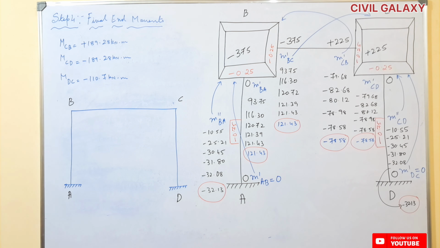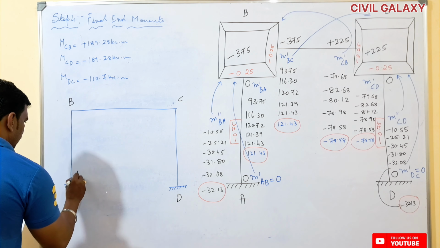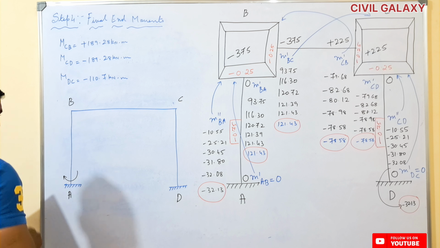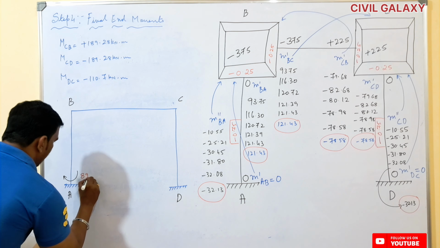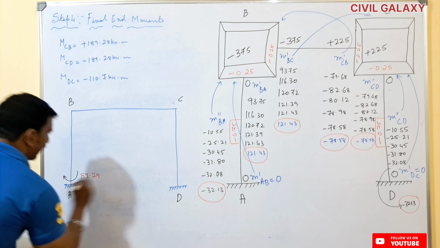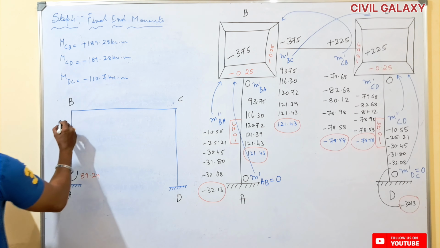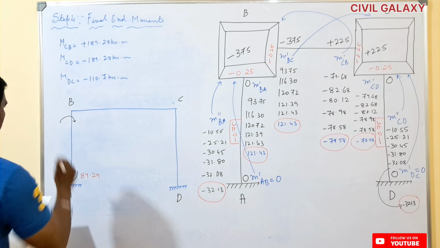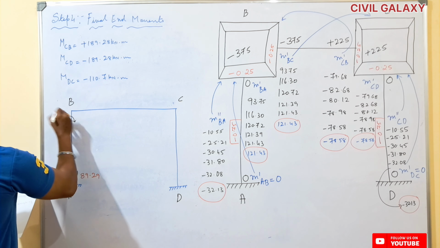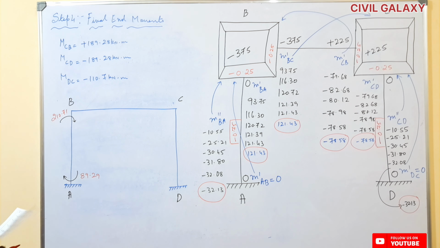So what is the final end moment from point A to B? We have got plus 89.29, that means it is acting in the clockwise direction, so this value over here is 89.29 kilonewton meters. And from B to A, we have got a value of plus 210.71, which is rotating in the clockwise direction.